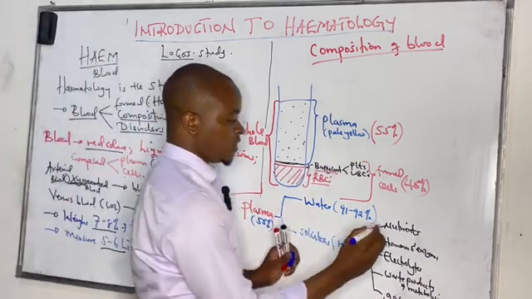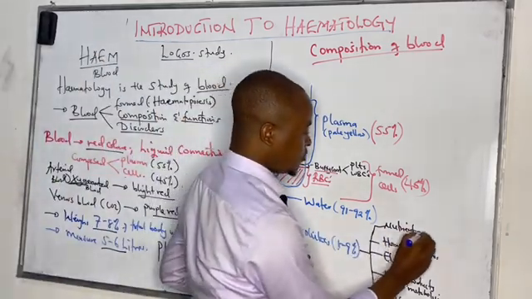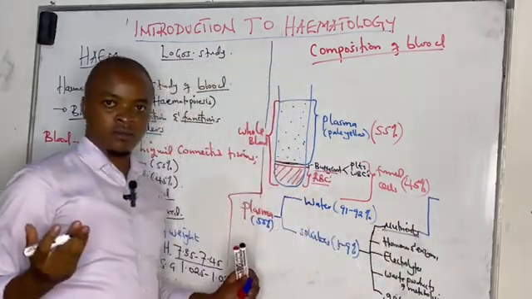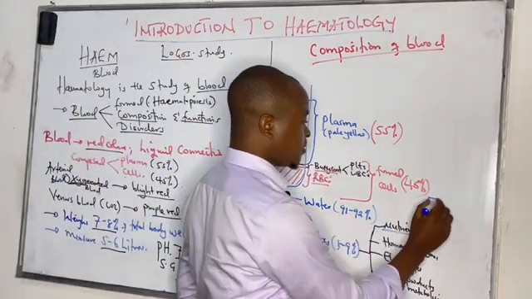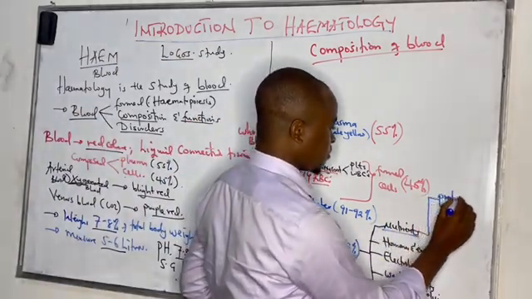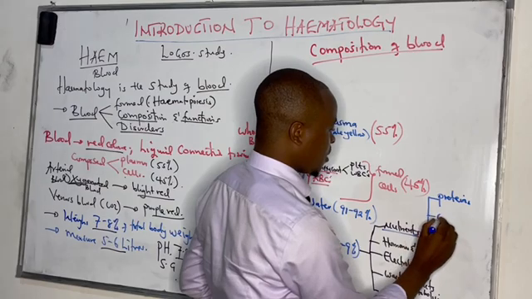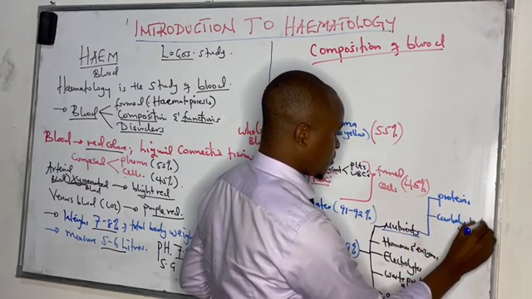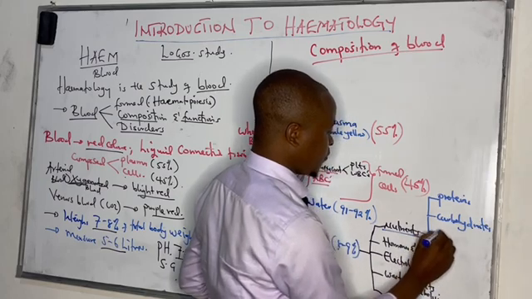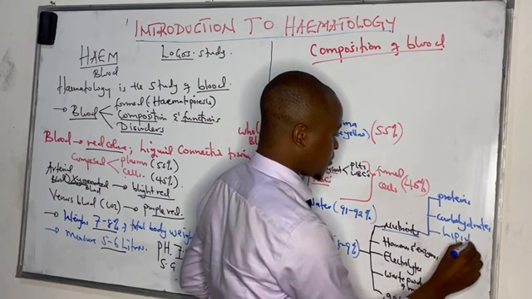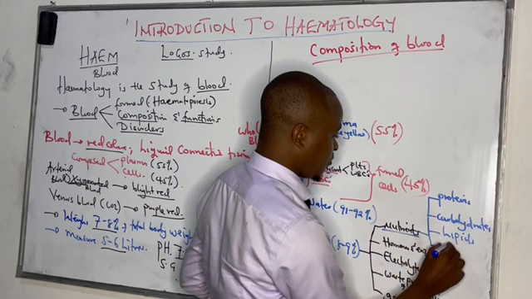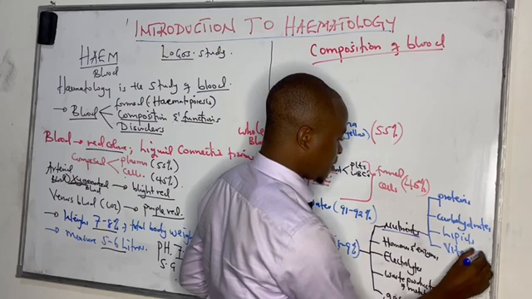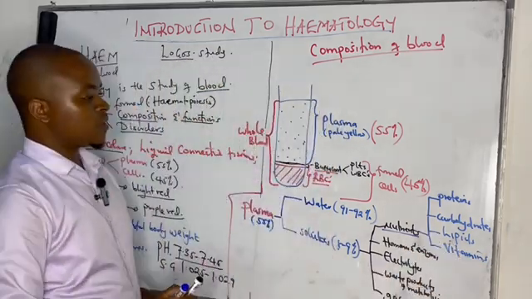Then under nutrients, these are macromolecules, whereby we have proteins, carbohydrates, lipids, vitamins.